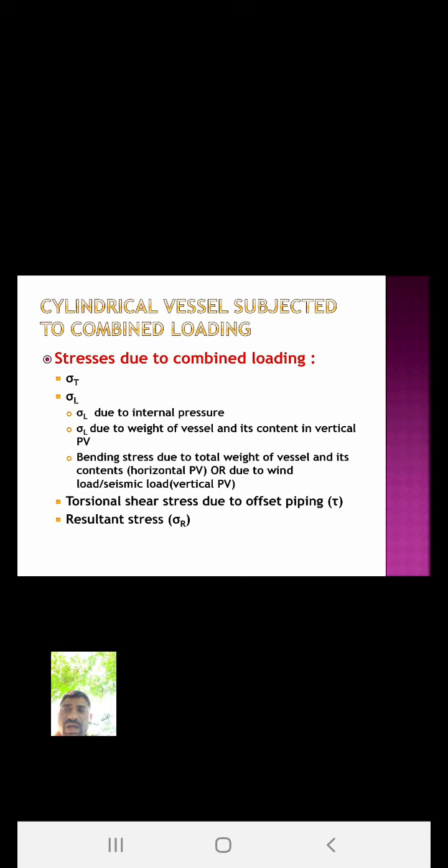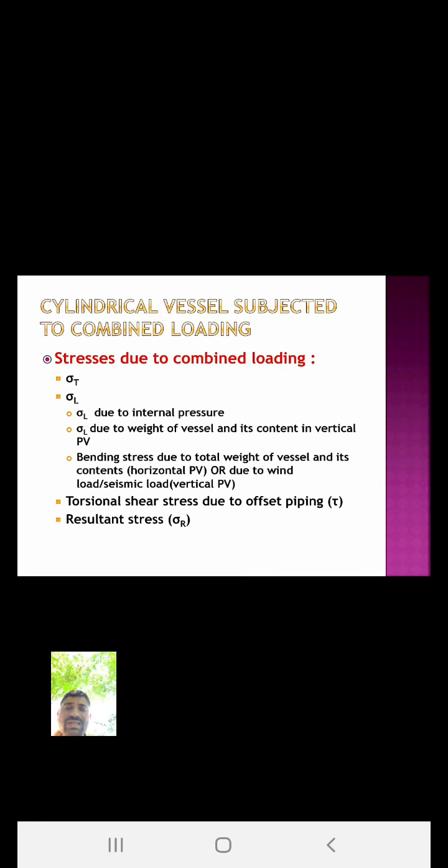Third, there is a torsional shear stress due to the offset pipe fitting. When you do offset pipe fitting, torsional shear stress is induced. It is denoted by tau, remember that.